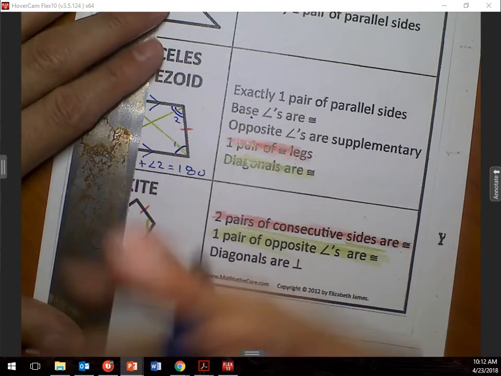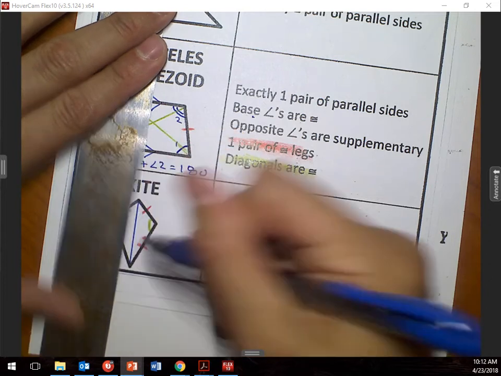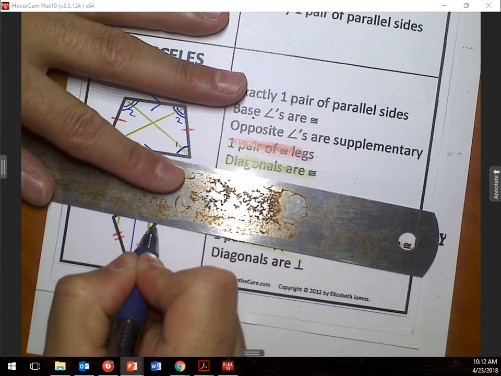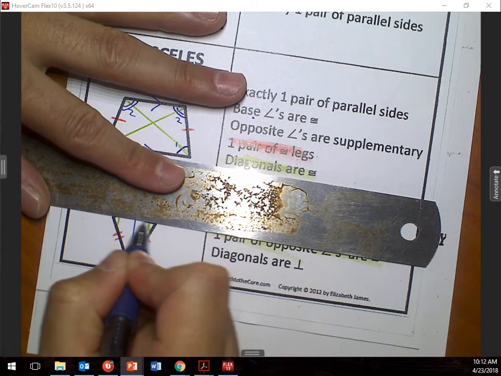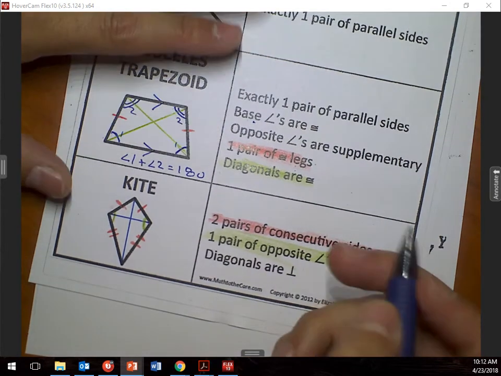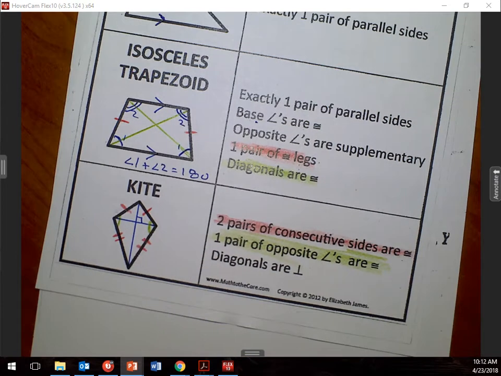That's what that symbol means, perpendicular. So I'm going to draw my diagonal. So the diagonal there is perpendicular, and if it's perpendicular, I know it makes a right angle there.